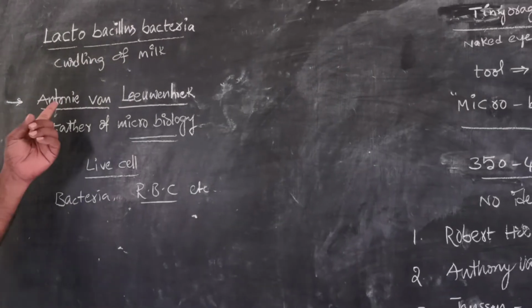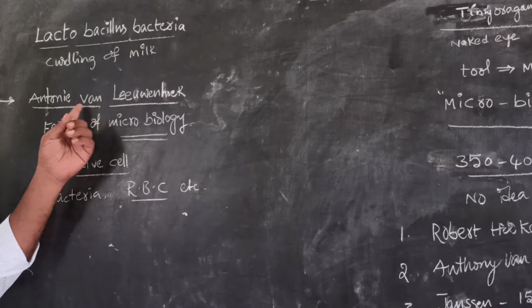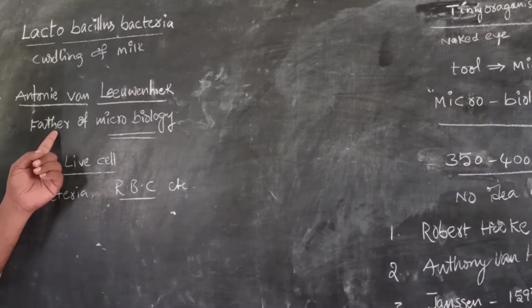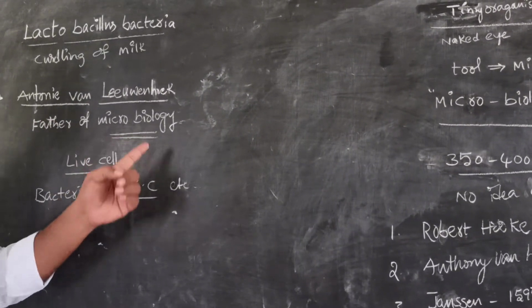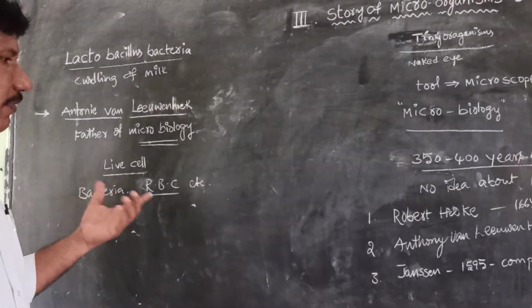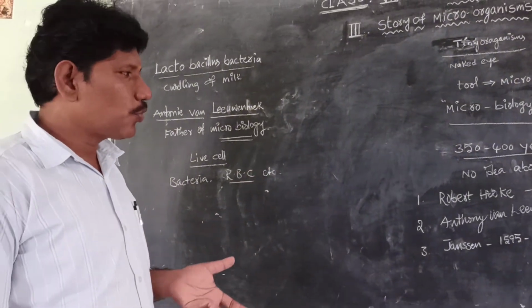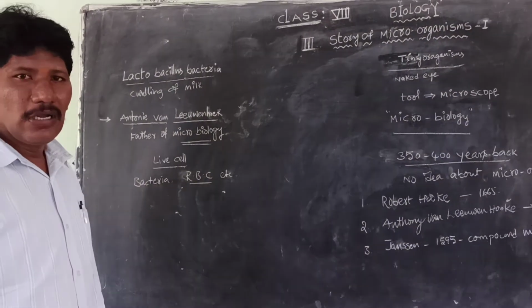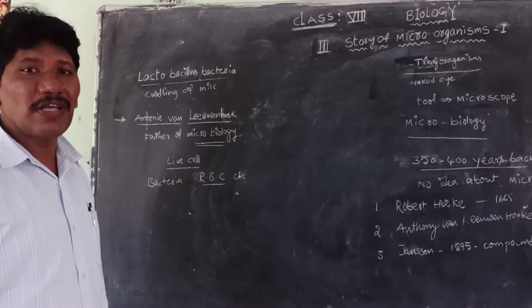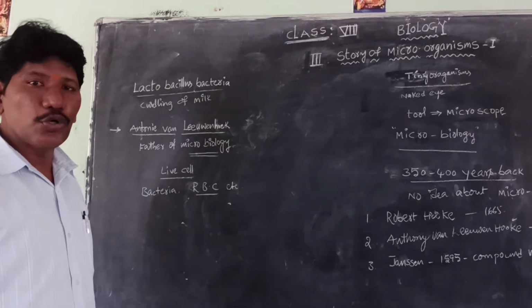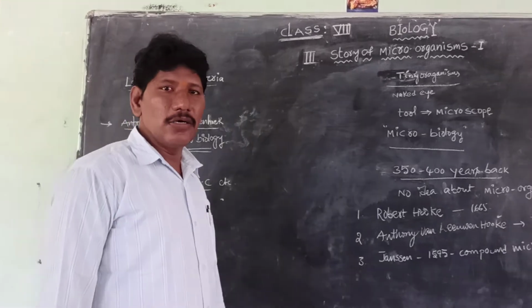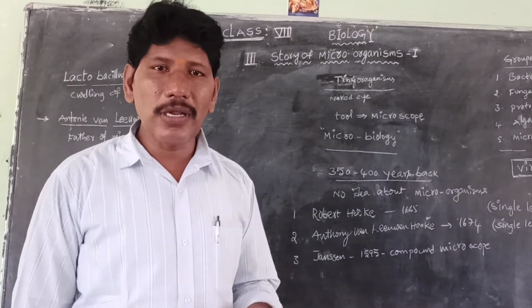Next, Anthony van Leeuwenhoek is considered the father of microbiology because he invented his own single lens microscope in the year 1674, and he observed animalcules like protozoans, such as amoeba, euglena, paramecium.